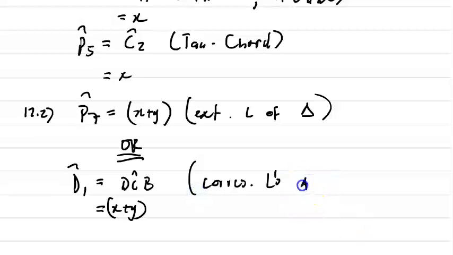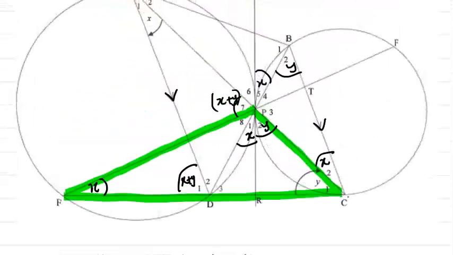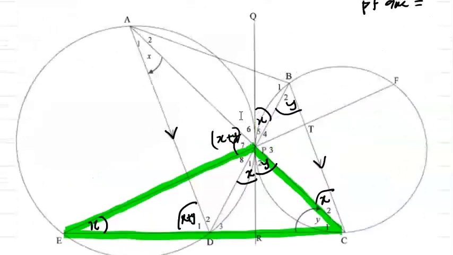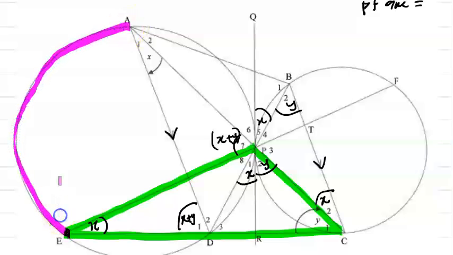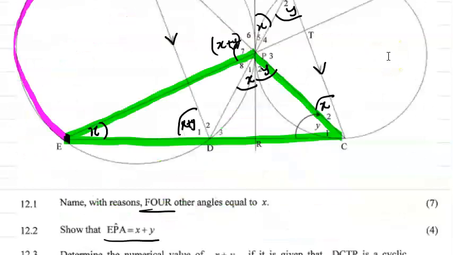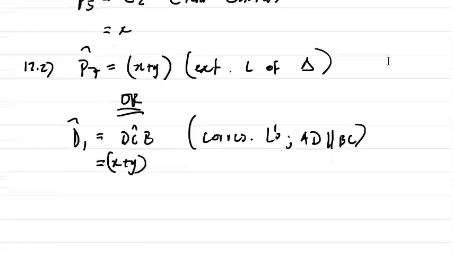that is because AD is parallel to BC. Then I'm going to say, but D1 is also equal to P7, angles in the same segment. They are subtended by the same arc here. If you look carefully, they are subtended by this arc coming down here, which is A. So therefore D1 equals P7.